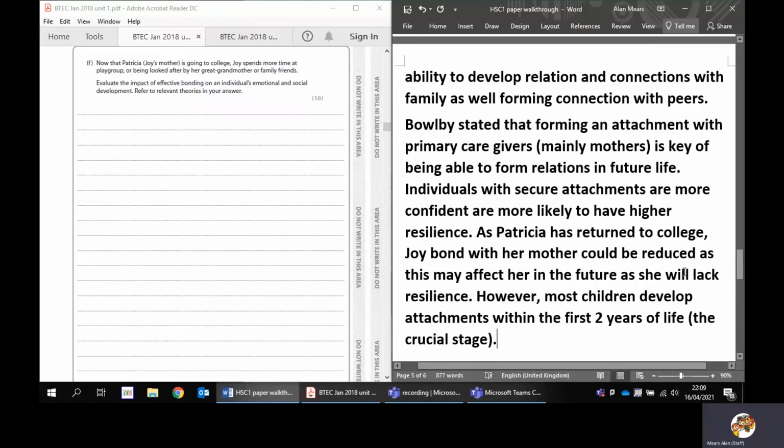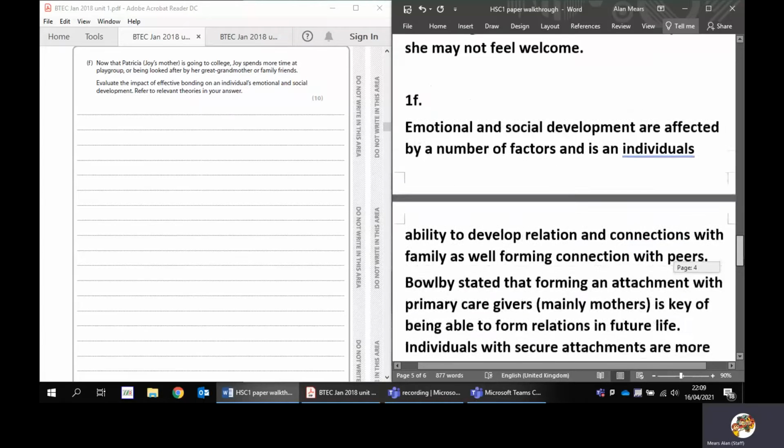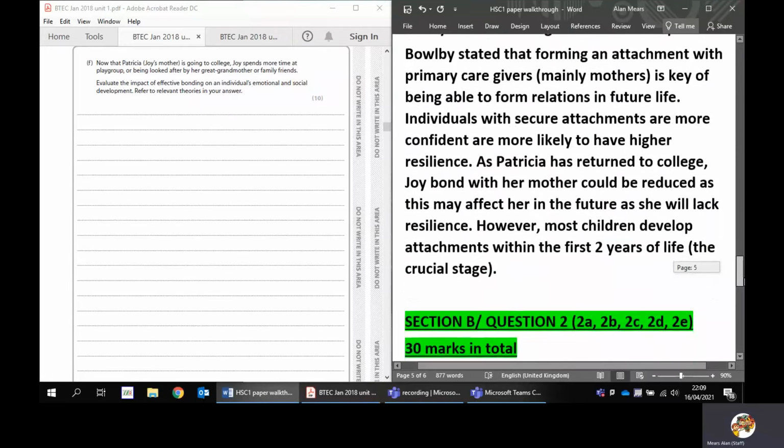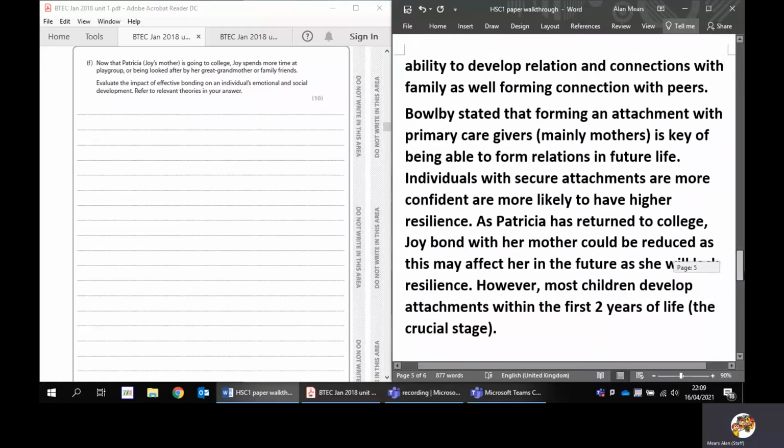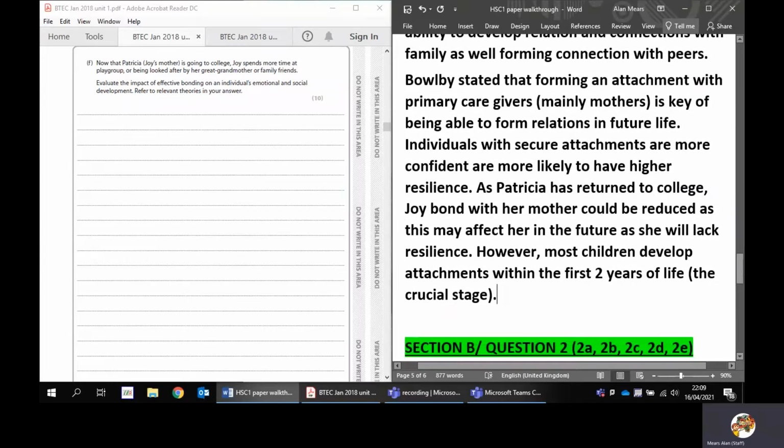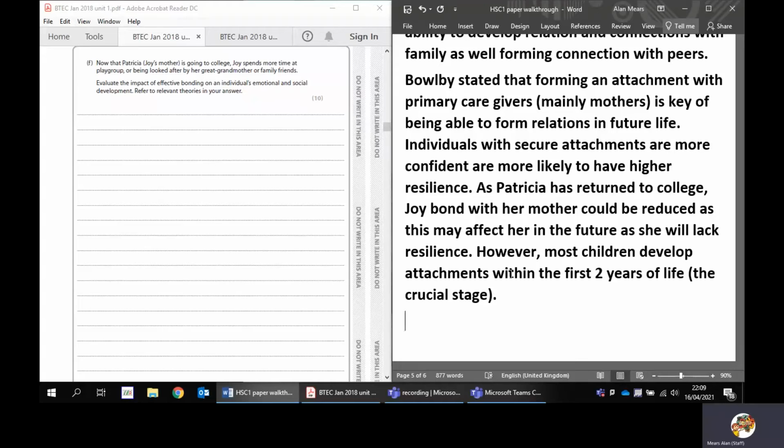So we've defined the issue, what emotional and social development is. We've talked about Bowlby and what he says about forming attachments. We've talked about Patricia returning to college and how that could affect Joy's bond with her mother. We can then think about some of the other connections.